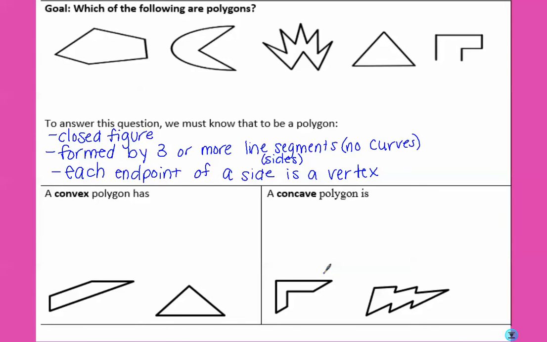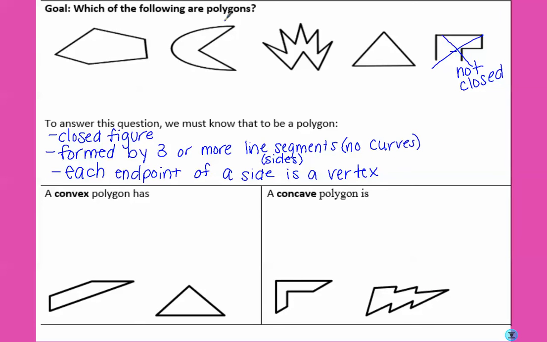So what it means by a closed figure is that there's no openings. So this fifth figure here, see how it's open on this side? That means it's an open figure, not a closed figure. So that can't be a polygon. Formed by 3 or more line segments, meaning it has no curves.